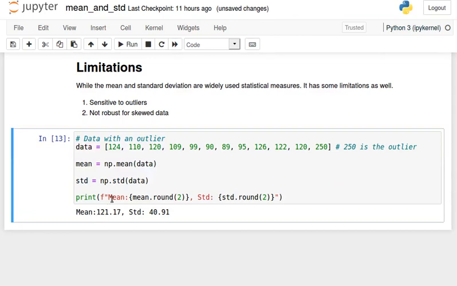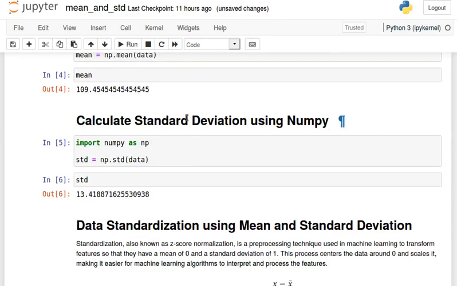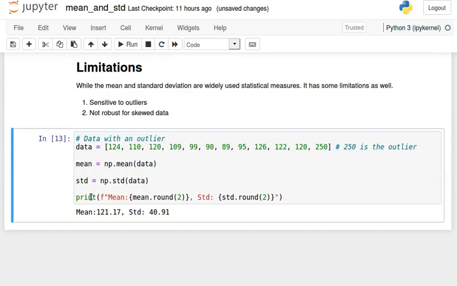So mean for this data having an outlier is 121.17 and standard deviation is 40. Whereas for the original data, we can see the mean is 109 and the standard deviation is 14. So we can see that the mean and the standard deviation have changed a lot by just adding a single outlier. You can also check how adding multiple outliers can change the distribution. So mean and standard deviation are very sensitive to outliers and not robust for skewed data, but most of the time they will be useful for general use cases.